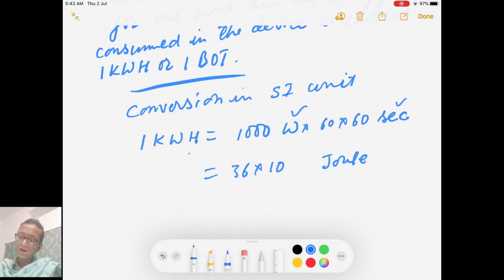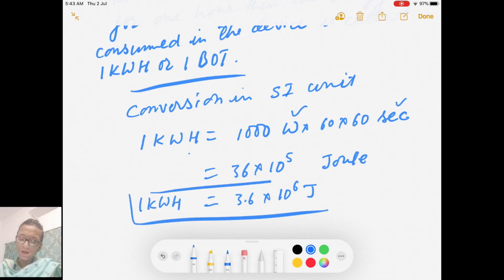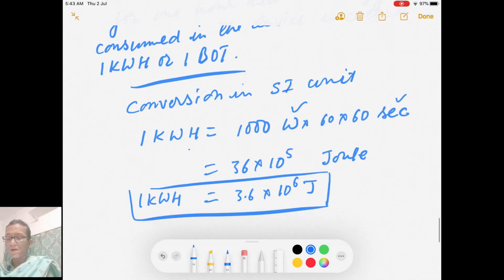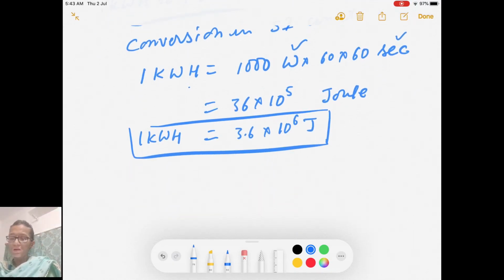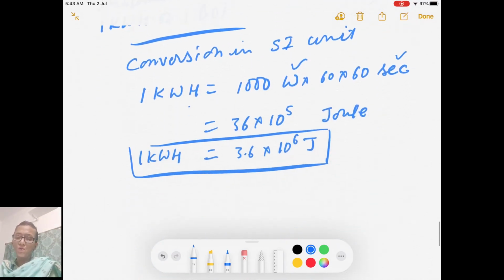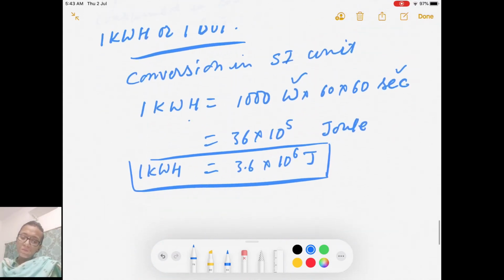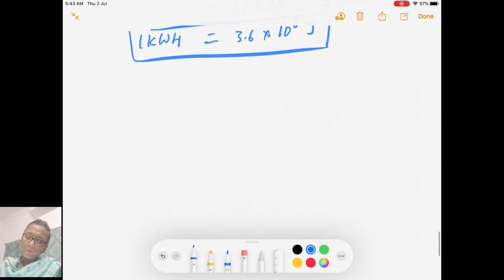This is 36 into 10 to the power 5, which is equal to 3.6 into 10 to the power 6 joule. So 1 kilowatt hour is equal to 3.6 into 10 to the power 6 joule. Some conversion of units will be there, you will do. Now power, SI unit of power.